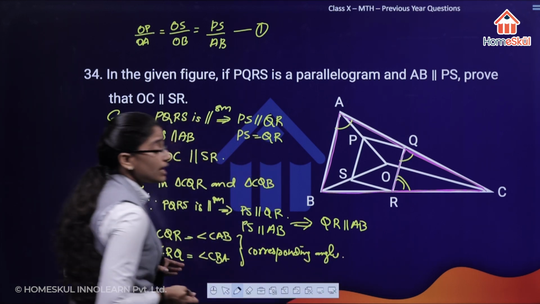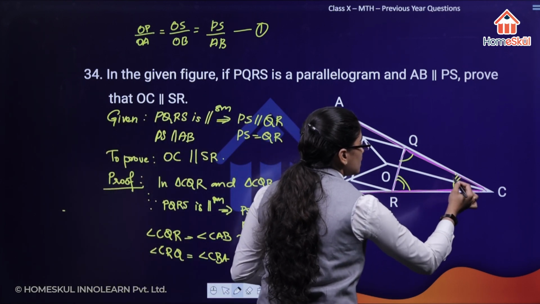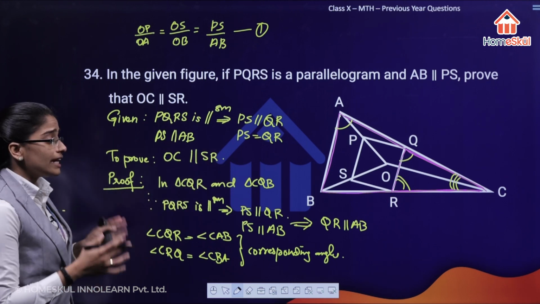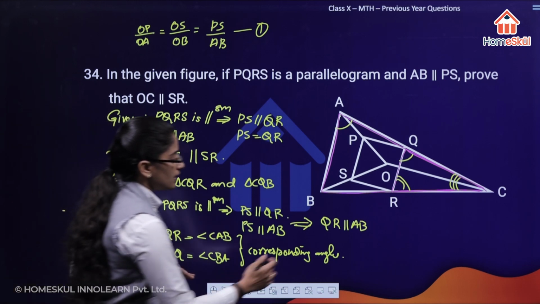Here also we could use AA similarity. One more thing, this angle C is a common angle also, so we could take those two pairs of angles. In any way, using AA similarity, we could say that these two triangles are similar, right?